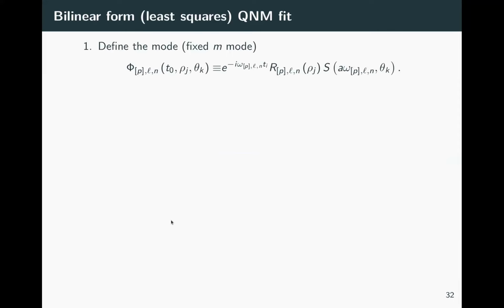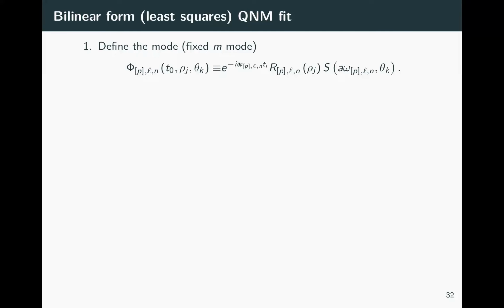So I'll describe how that works in the fits that we looked at for the experiments we ran. I'll define the mode and just call it phi, so I don't have to keep writing things over. This is a QNM, capital phi, for a particular prograde L. I'm not going to include M because we've already assumed that we've decomposed in M quantum numbers. So we factor out the e to the i m phi.